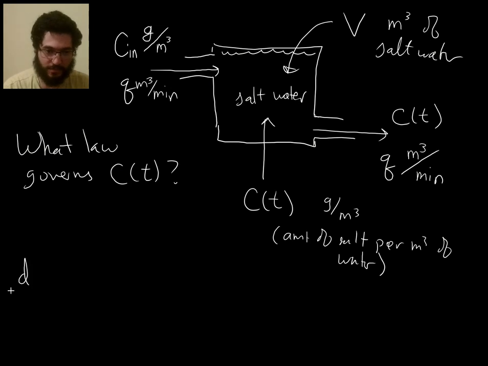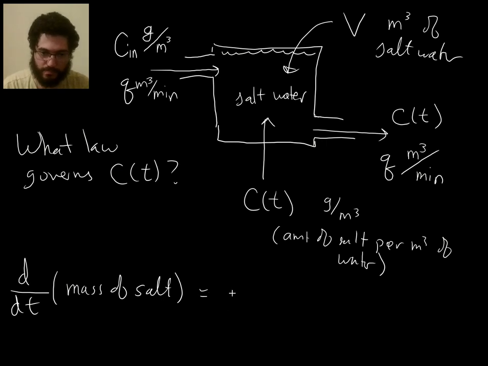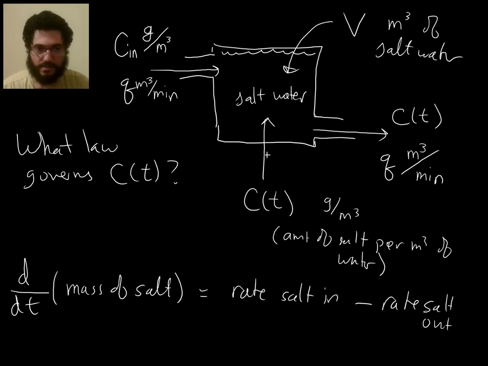It should follow this template: rate of change of the mass, the amount of salt, equals rate salt goes in minus rate salt goes out. So this is what we should end up with.